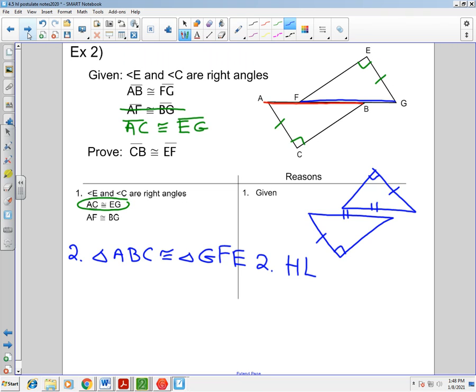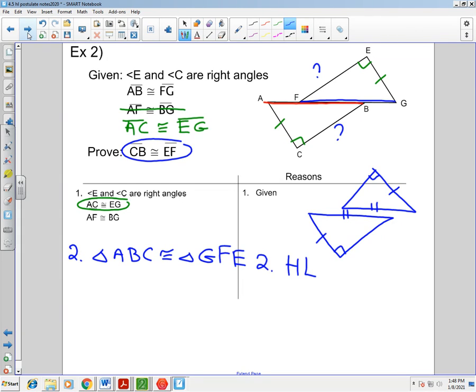Okay, look at our goal. Our goal is to show that CB, which is this one, is congruent to EF, which is this segment. In order to show parts are congruent, we can use CPCTC, which stands for corresponding parts of congruent triangles are congruent.